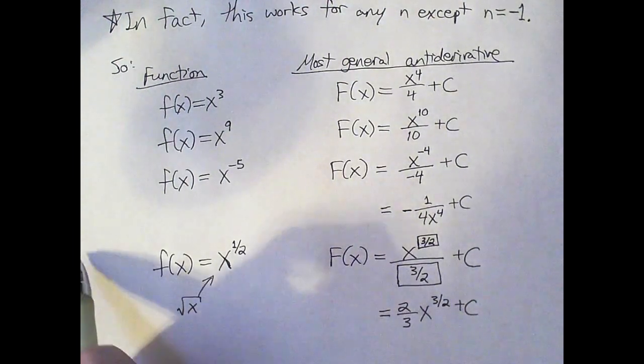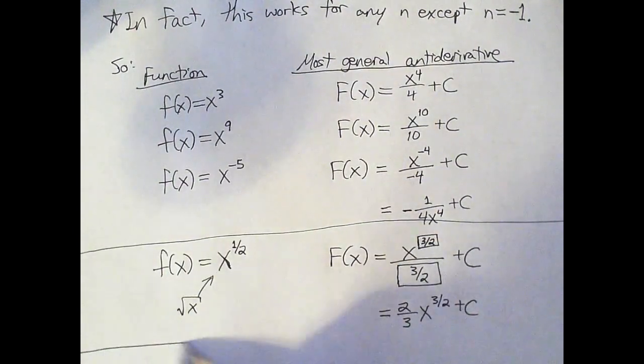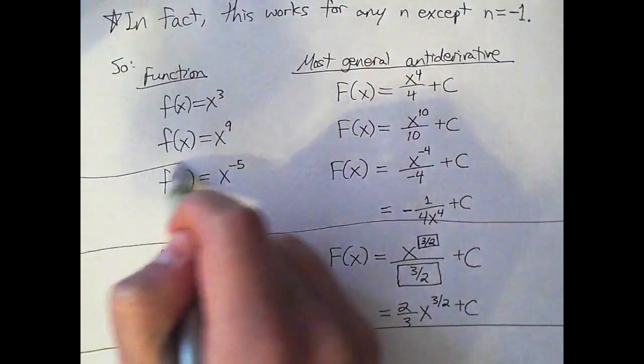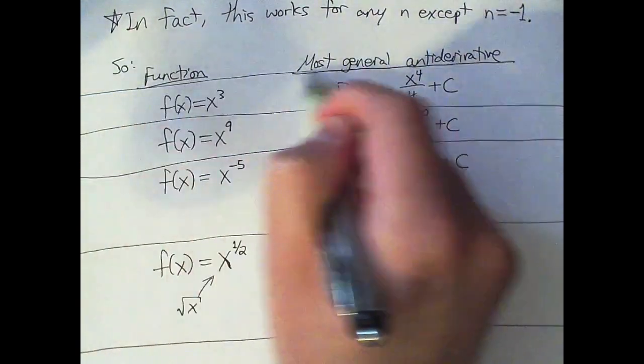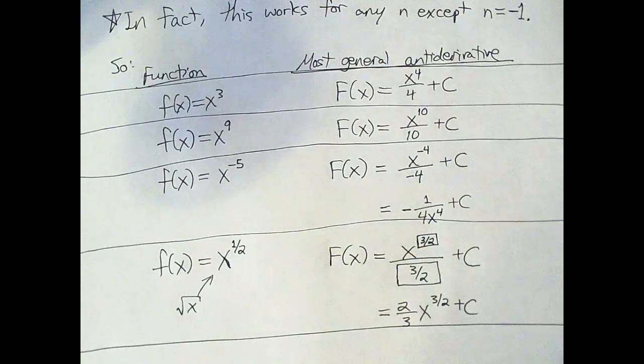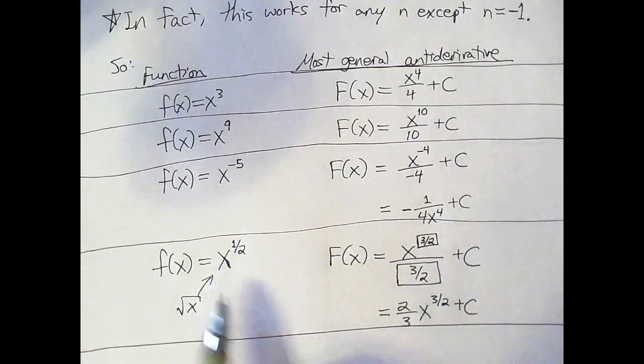So there you go. We just did a little table of a bunch of little problems. So the most general antiderivative of the square root of x, also known as x to the 1/2, is 2/3 x to the 3/2 plus c.